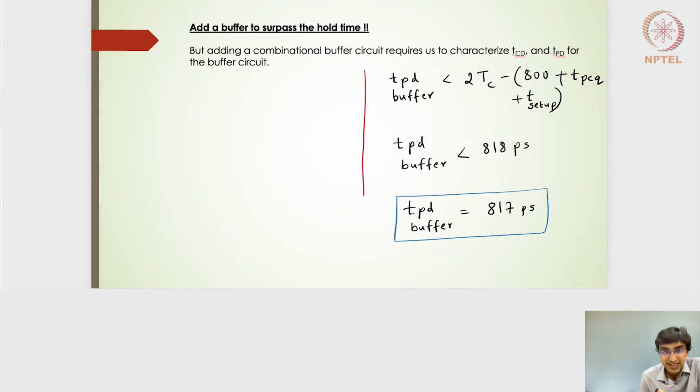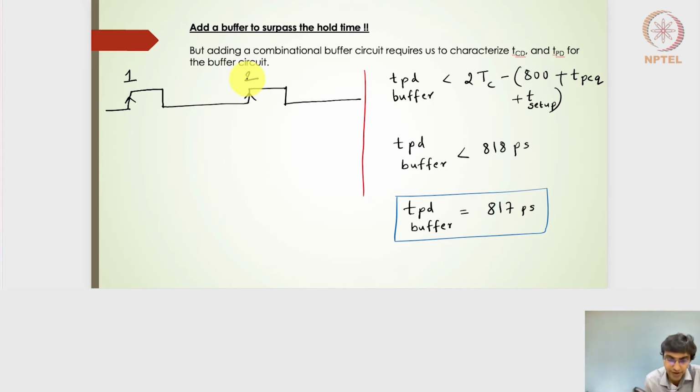Right? There is another condition here. If I consider only the contamination delay, let me draw the clock here first. So I'm drawing a very small clock this time. Okay, so this is the first edge, this is the second edge. So I'm going to write it as 1, and then this is the second. And I want TCCQ.